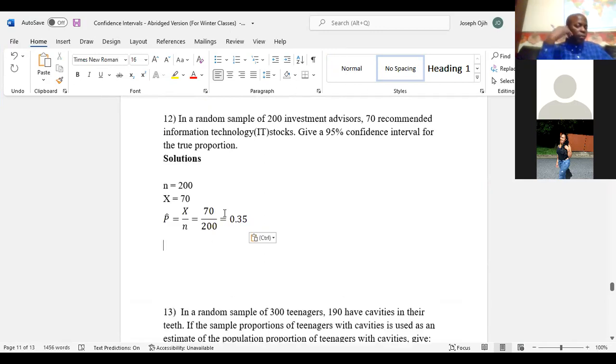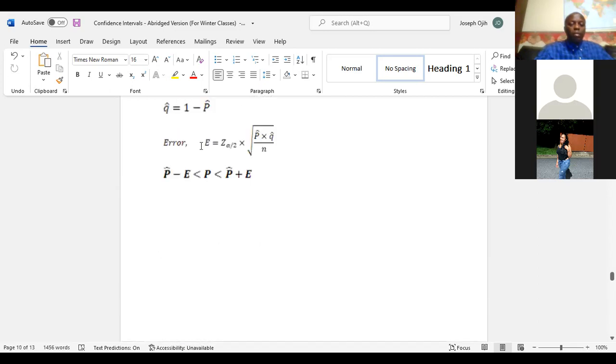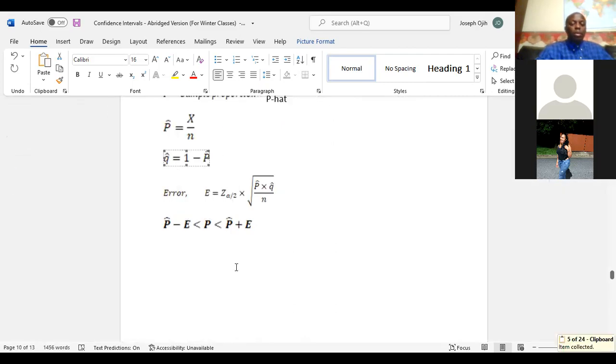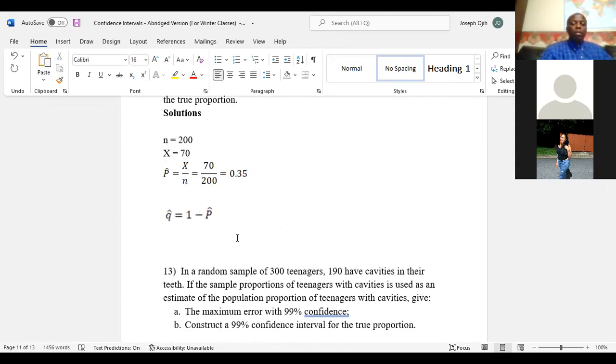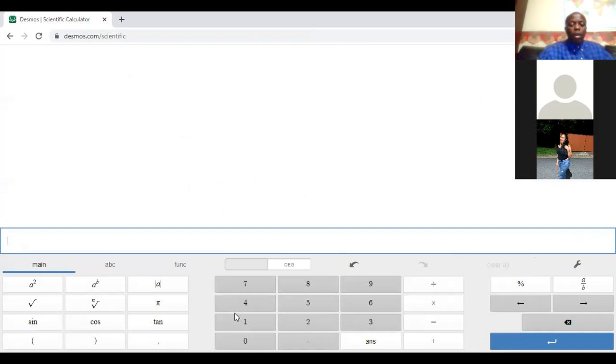So p hat is 0.35. Now q hat is 1 minus p hat, which is 1 minus 0.35.